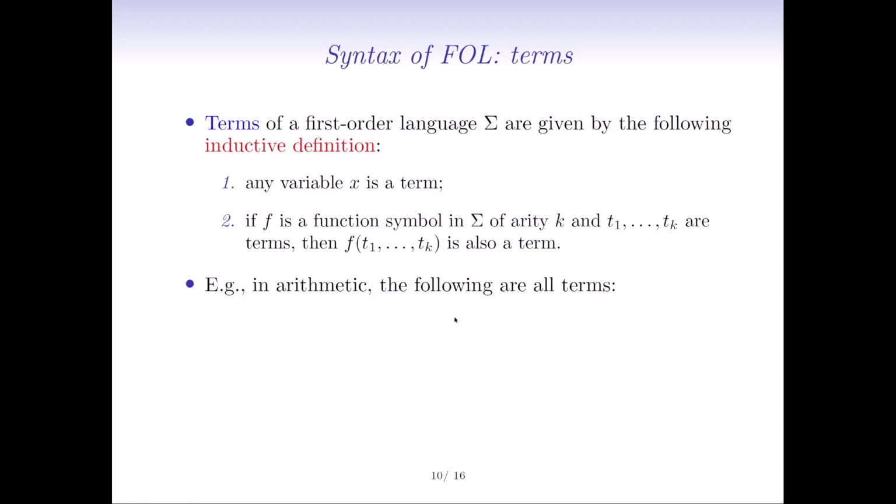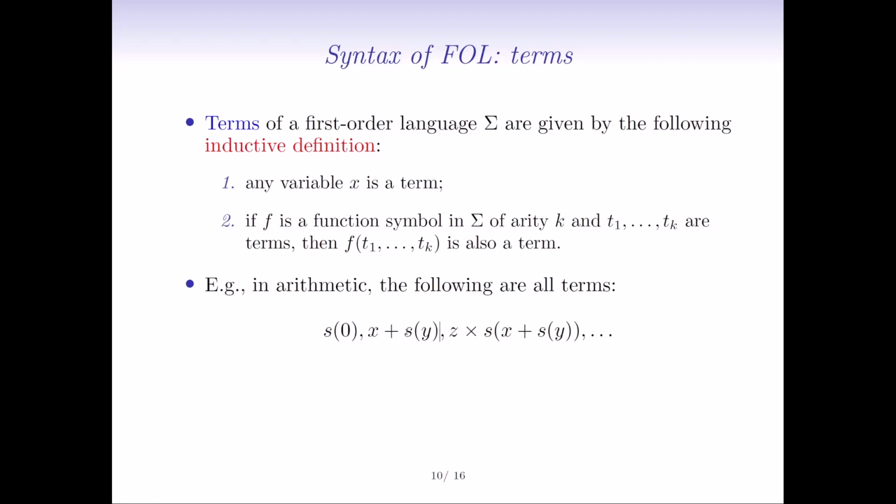So going back to our language for arithmetic, which was our first example, the following things are all terms. 0 is a term, and in particular s of 0 is a term as well. Or x plus successor of y, that's a term. And you can also see that all the subterms of this thing are terms as well.